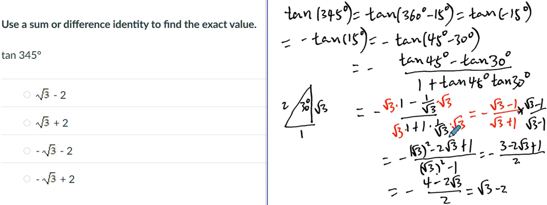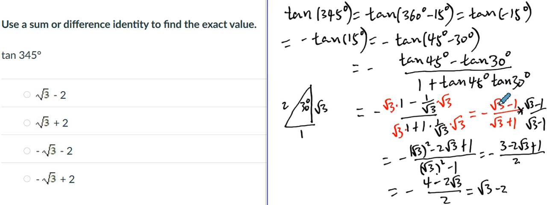We try to get rid of this radical 3. Everywhere multiplied by radical 3. 1 times radical 3 is radical 3. And the upstairs radical 3, downstairs radical 3, they cancel each other. So you have a radical 3 minus 1.